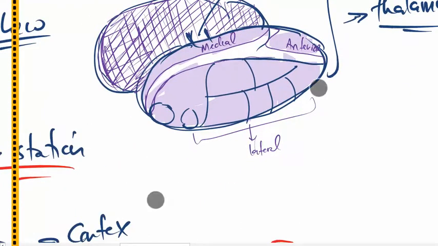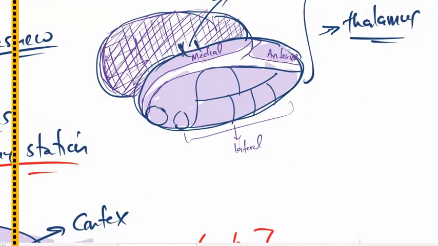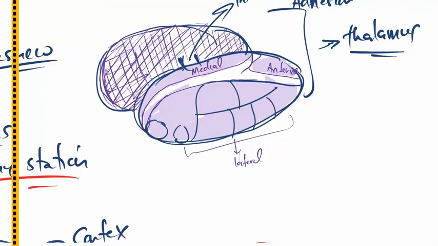Right. So roughly you're going to have cell masses. You're going to have a medial cell mass, an anterior cell mass, and a lateral cell mass. The lateral cell mass is further divided even more.